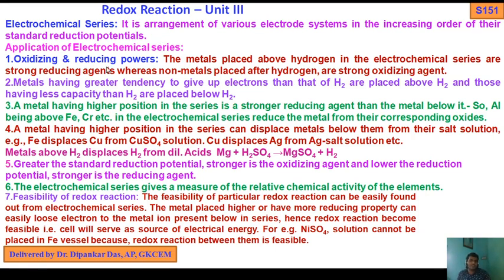So, applications of the electrochemical series. What are the applications? Based on the standard reduction potential value, first, oxidizing and reducing power.